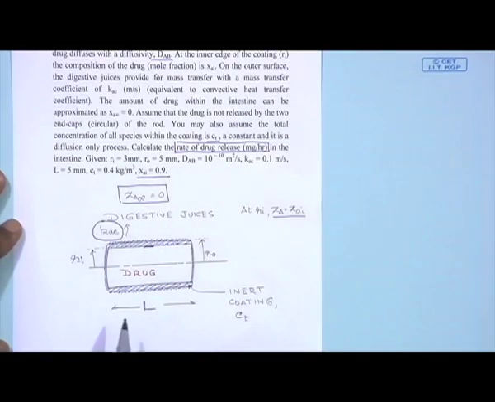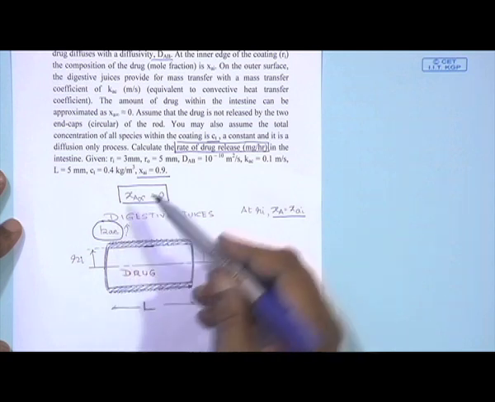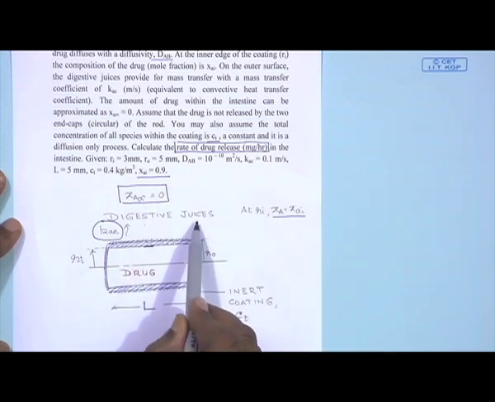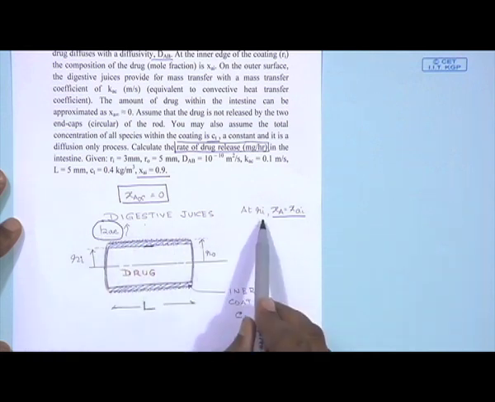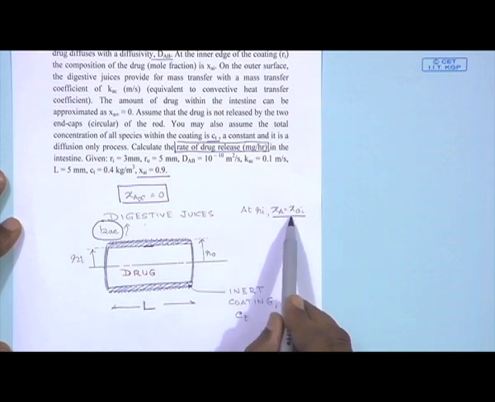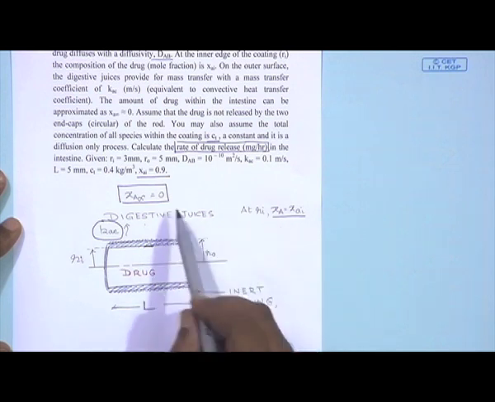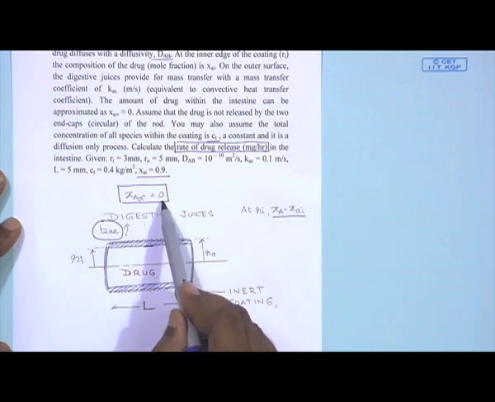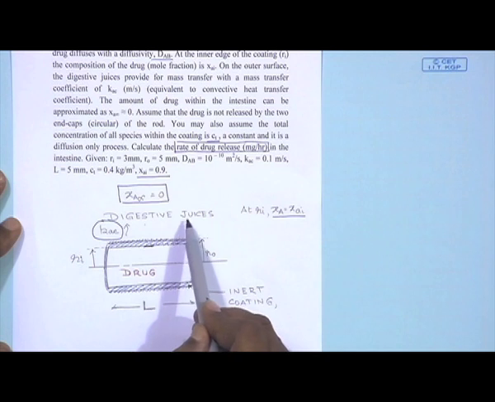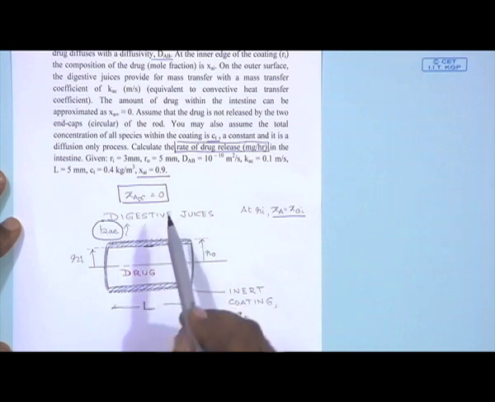I hope the figure is self explanatory. So, the drug, the coating, the outside where we have the digestive juices, the convective coefficient, and the boundary conditions provided are at the inner core, the mole fraction is provided, and at a point far from the drug, the concentration of the drug in the digestive juices would be equal to 0.